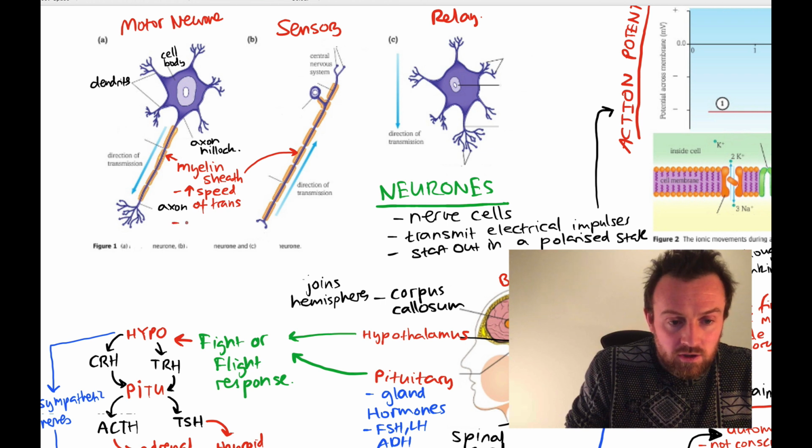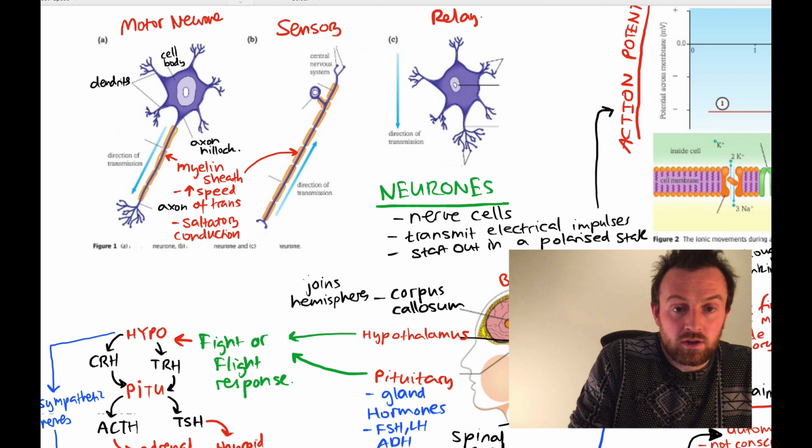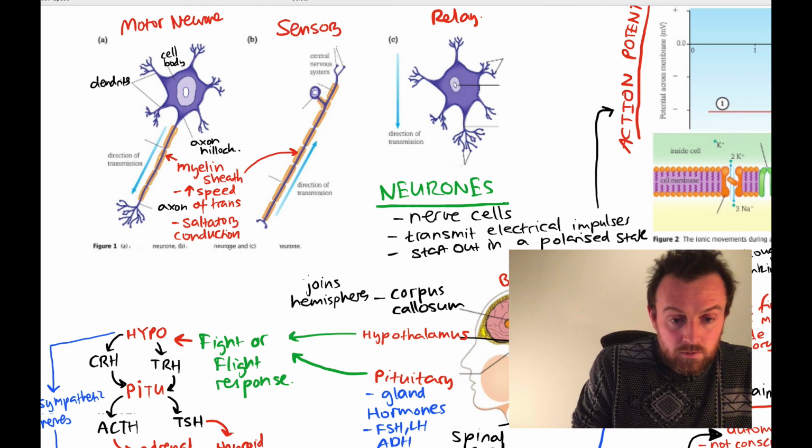And the key word you need to know there is saltatory conduction. I'm actually going to just scribble out this bit here so I can write underneath a bit more.